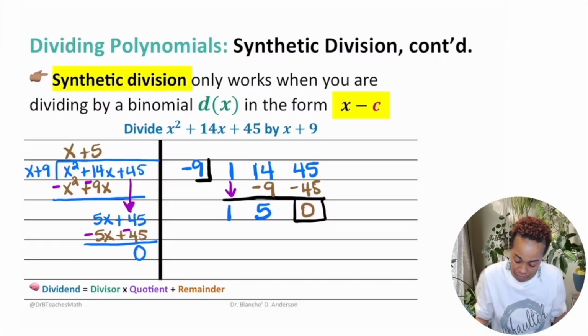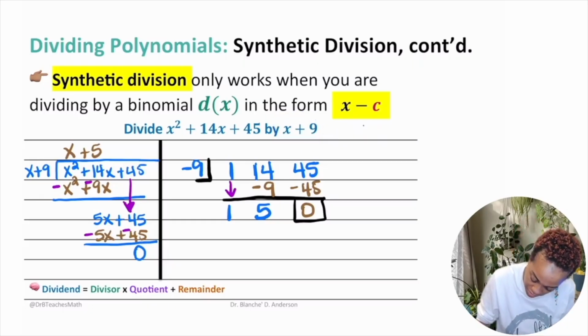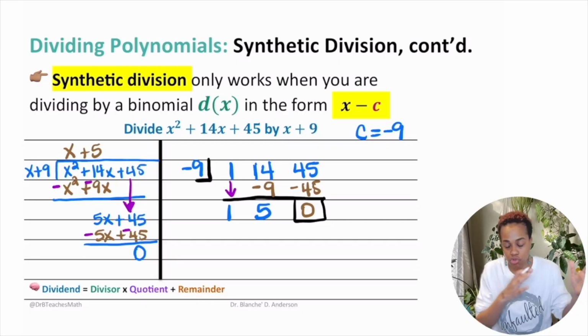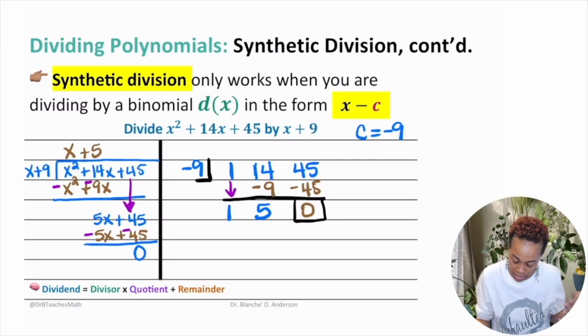So we took all of the numbers so that we could do synthetic division. We wrote our divisor so it's in that form. So I'm going to put right here that we said C was equal to -9. Now when you write the answer, you start with the degree less than what you started with.